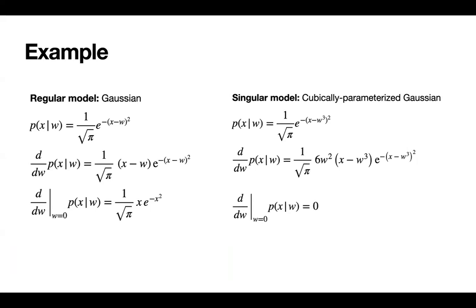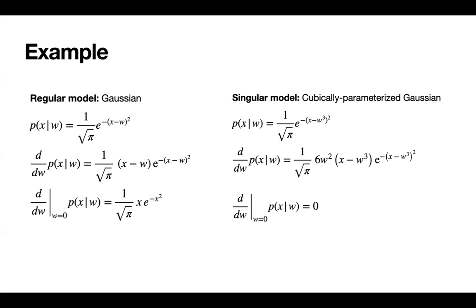Example of a singular model is this cubically parameterized Gaussian like we have on the right. These are equally as expressive, in that any Gaussian on the real line, I can find some W for both of these models that will fit it, or I guess any Gaussian with unit variance.